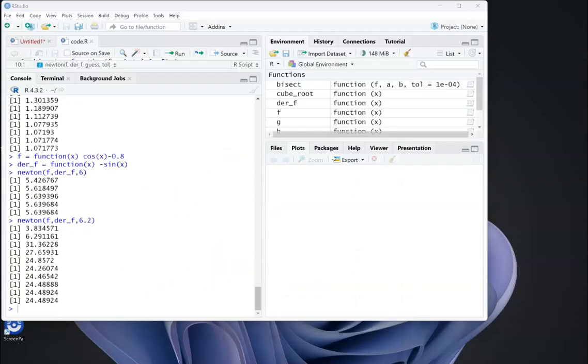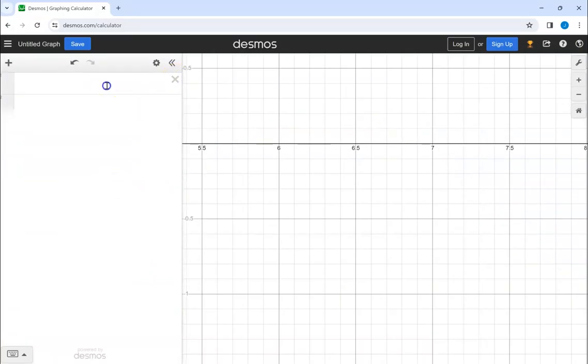I'm going to type in a function here. This one's going to be a little bit more complicated. 2 divided by 1 plus e to the negative 5x, then minus a half.